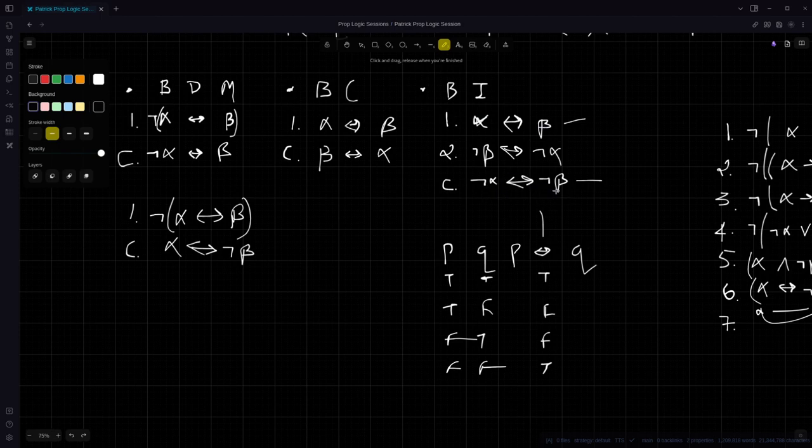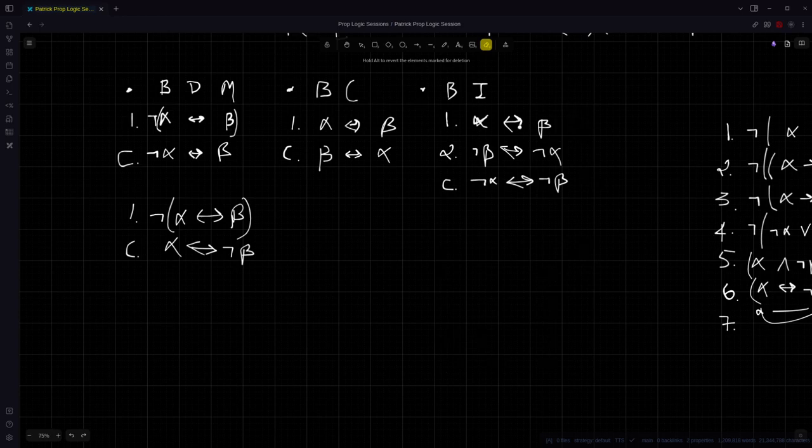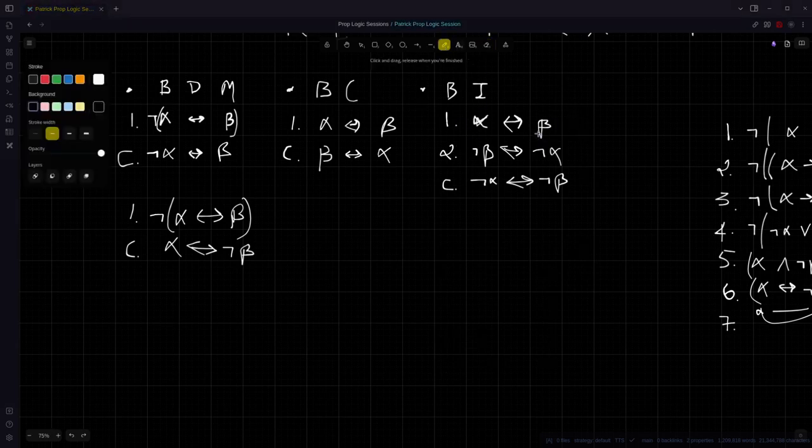So that's another way of looking at it in terms of the truth values. But yes, that's just the biconditional inversion rule.